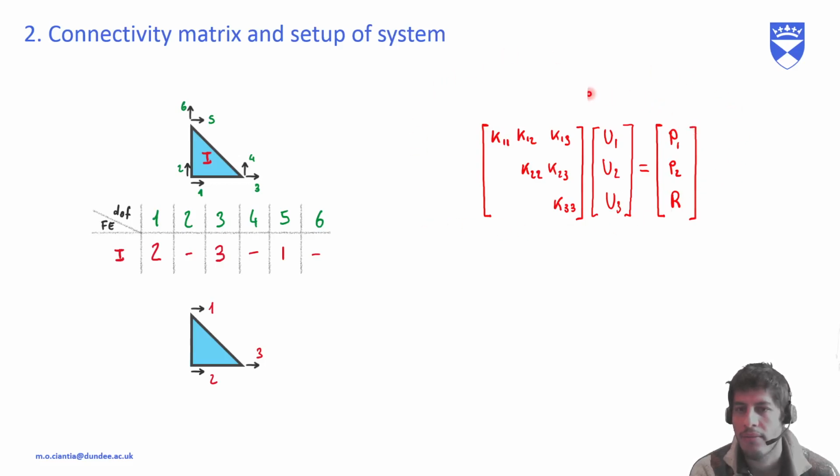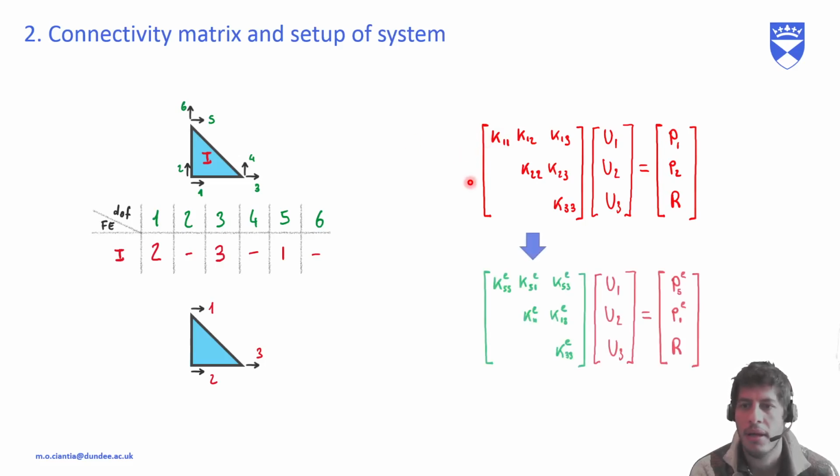In red, I just put everything that is in the global coordinate system. And if we then write K11 as the global one, K11 is K55 of the element, and so on. So K22 of the global is K11 of the element, and K33 of the global is K33 of the element, and K12 of the global is K51 of the element, and so on.